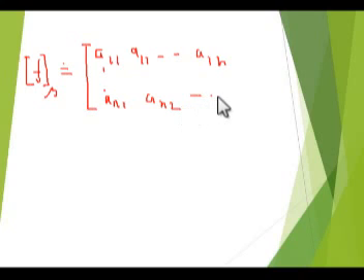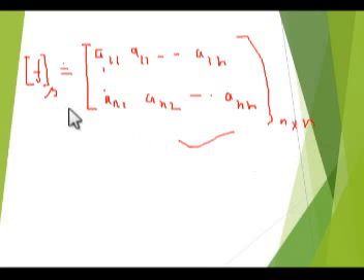All these elements will be a11, a12, and in this way a1n, and the second row, third row, and the last row will be an1, an2, and the last element will be ann. Here we are getting a square matrix of order n. So this is the way to generate a matrix on a bilinear form.